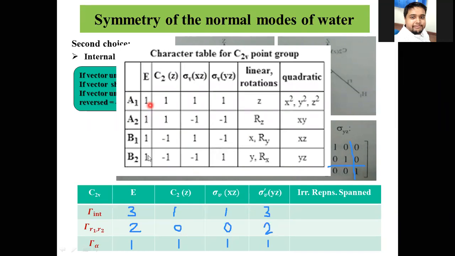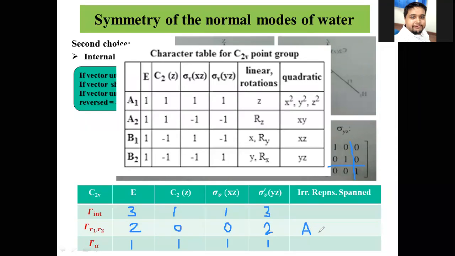Looking at this character table, I think you can easily figure out which of these two I should add to get this representation, and that is nothing but E1 and B2. So look at here, this is 1 plus 1, that is going to be 2, 1 minus 1 is 0, 1 minus 1 is 0, again 1 and 1 is going to be 2, right? So without reducing it using the reduction formula, I can easily write them just by inspecting the character table.